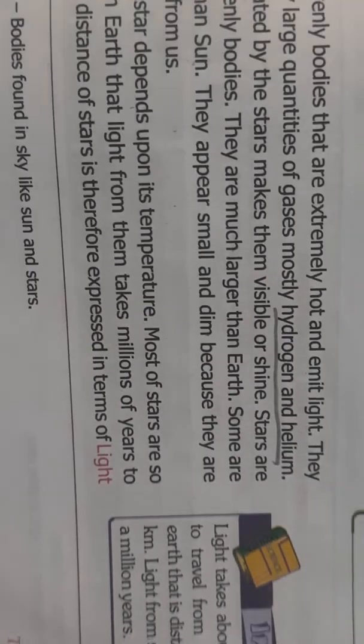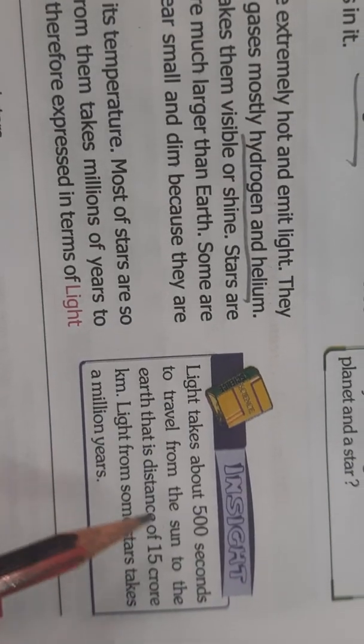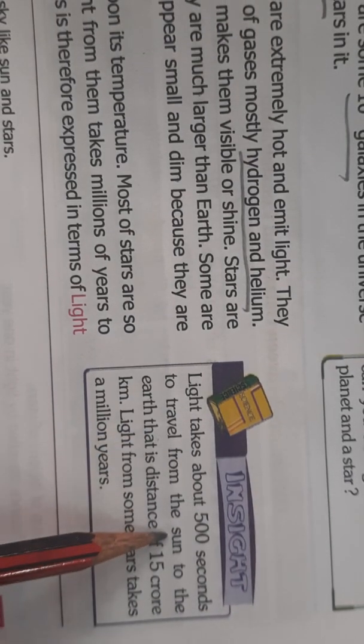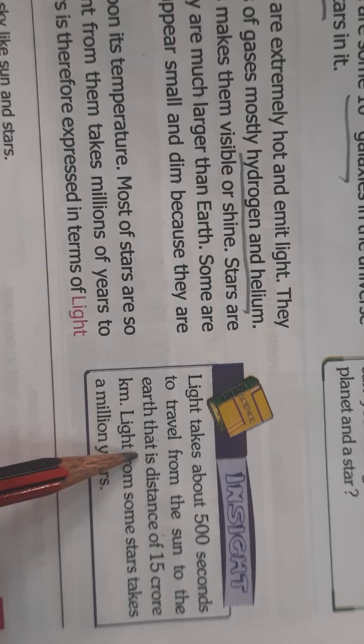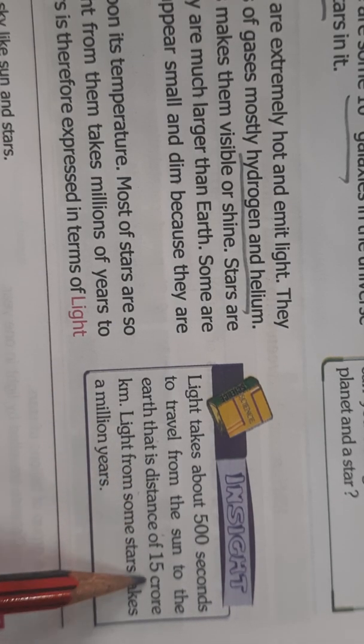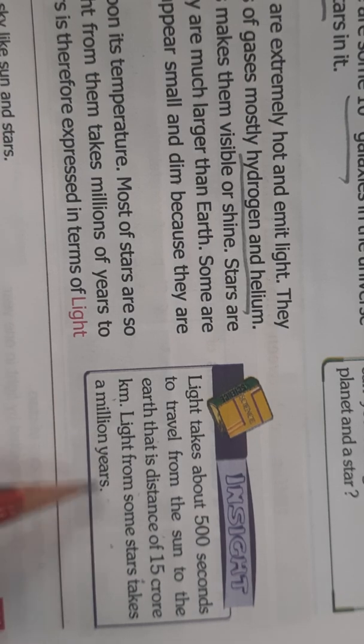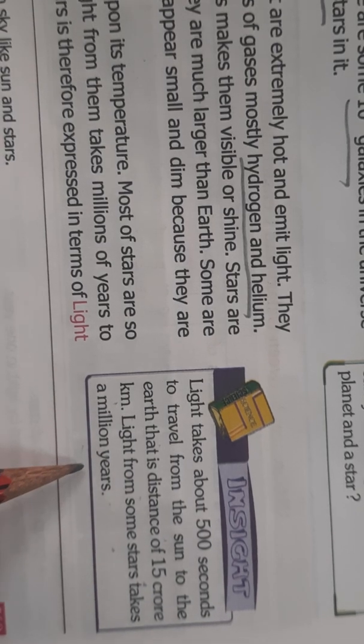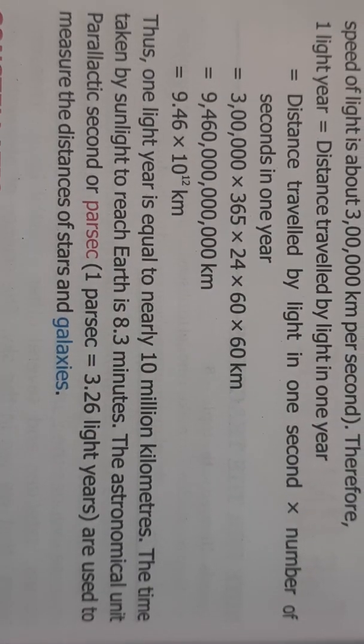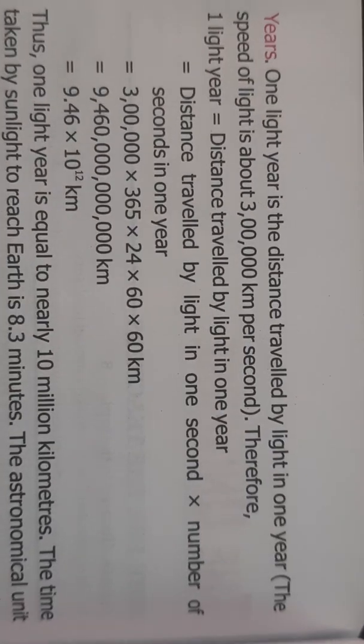Here it is given in the insight: light takes about 500 seconds to travel from the sun to the earth, a distance of 15 crore kilometers. But light from some stars takes a million years. So the distance of stars is expressed in terms of light years.